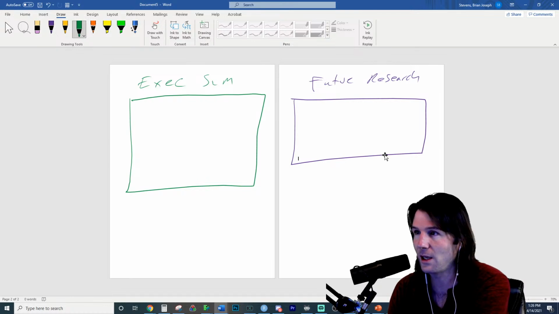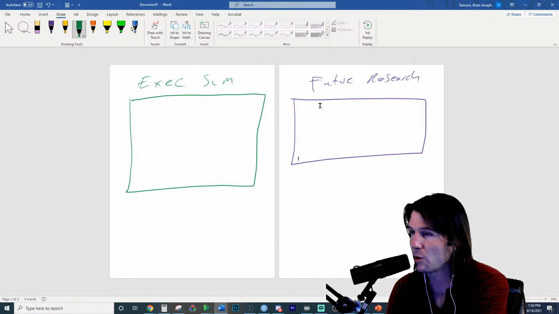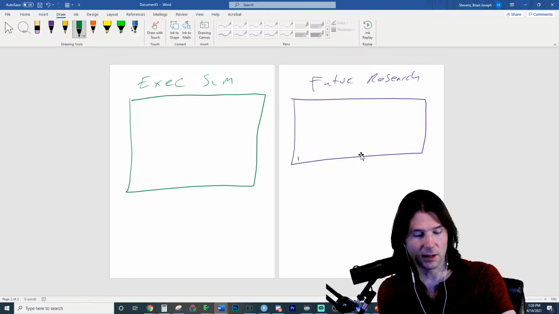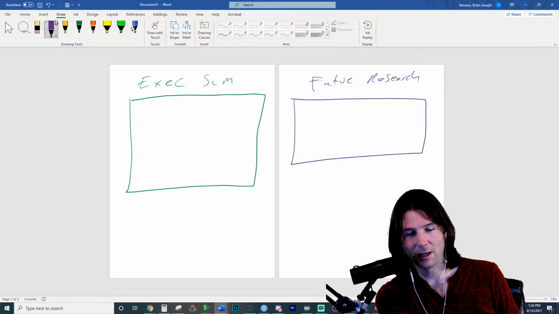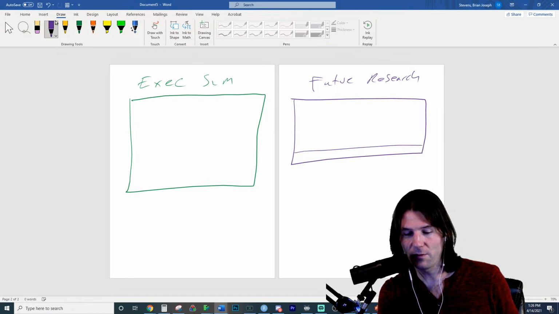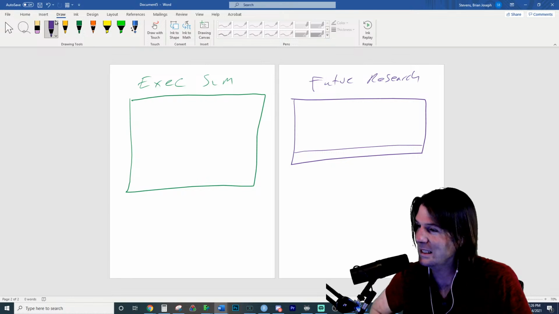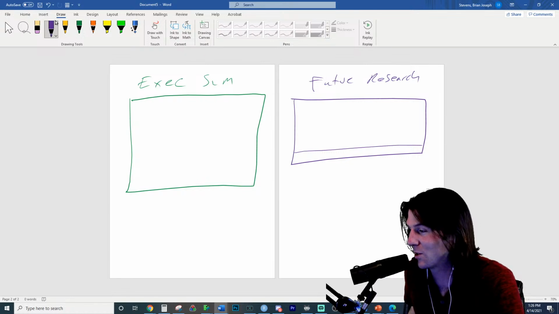If your future research is all your findings, and then one sentence at the end that says in the future we should do this, I'd be like, ew, that really didn't examine future research.